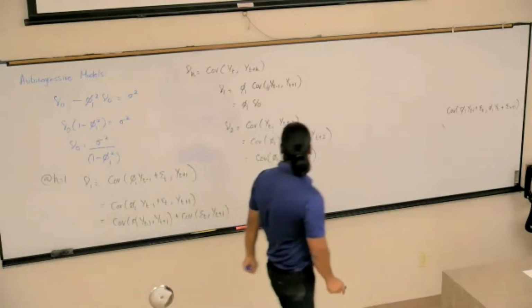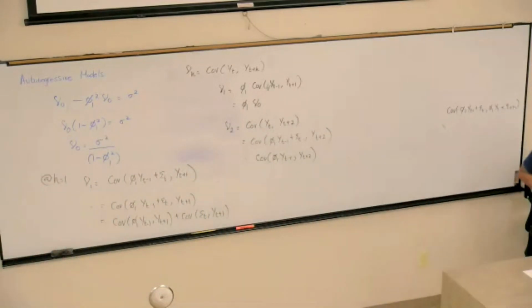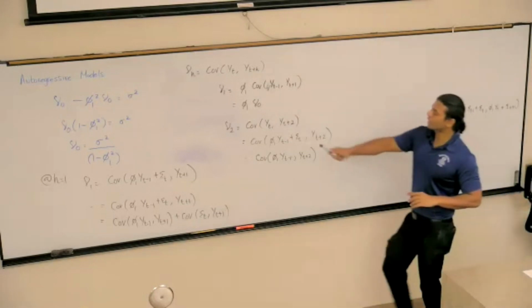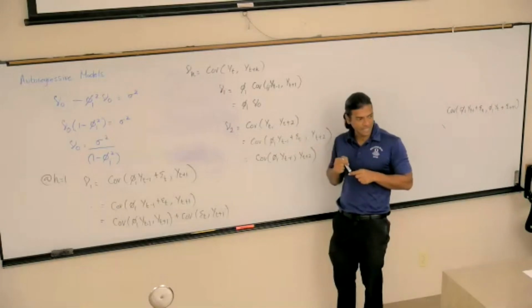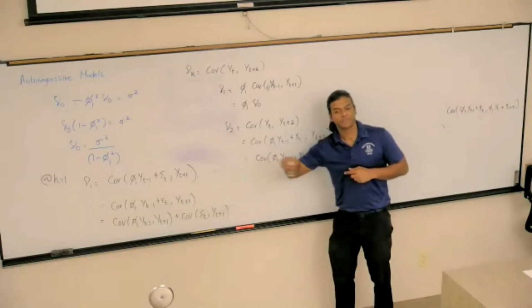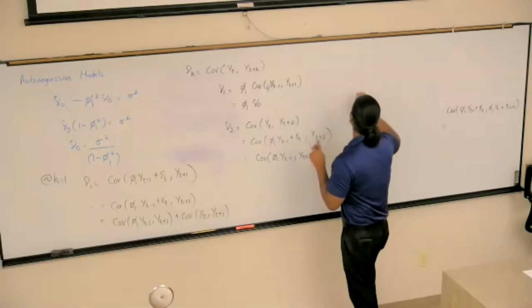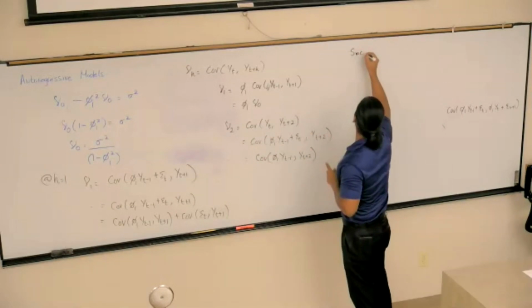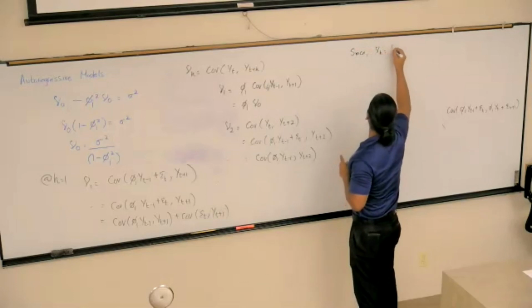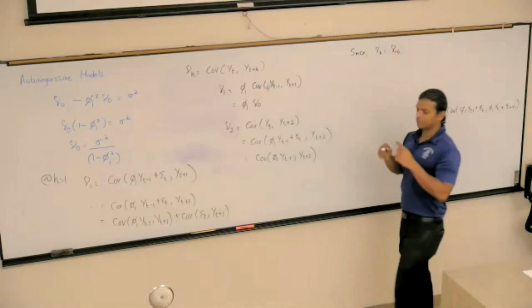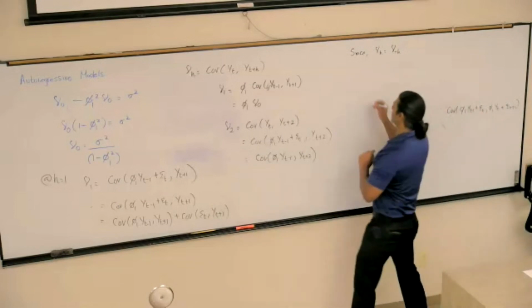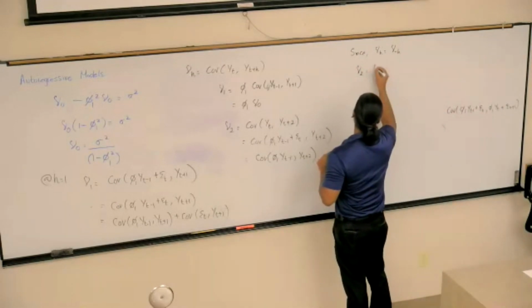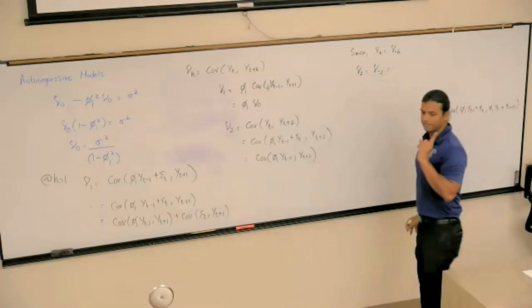I mentioned a long time ago that covariance is symmetric, in the sense gamma of 2 is the same as gamma of minus 2. Going 2 steps forward is the same as going 2 steps backward in terms of correlation. So using that property, since gamma of h is equal to gamma of negative h, I'm going to rewrite gamma 2 as gamma negative 2.